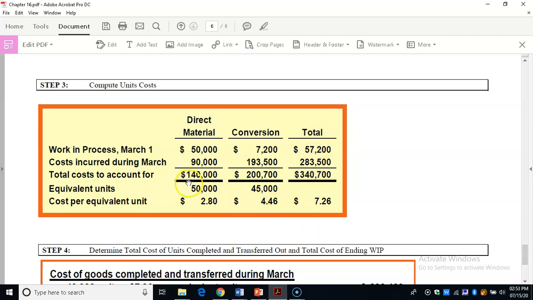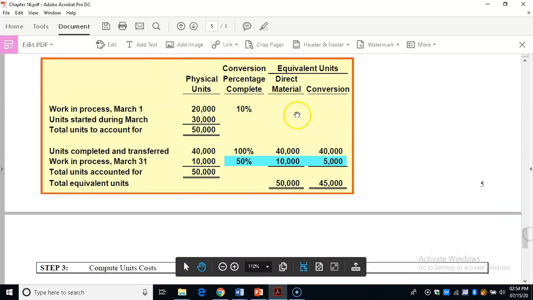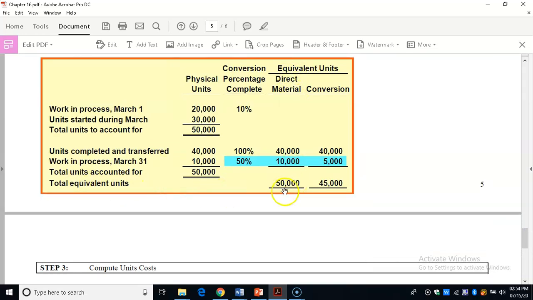Okay, so here we have $140,000 in material cost. How many equivalent units do we have for direct materials? Hint, look at step 2. It's right here. Equivalent units, direct materials, total 50,000.